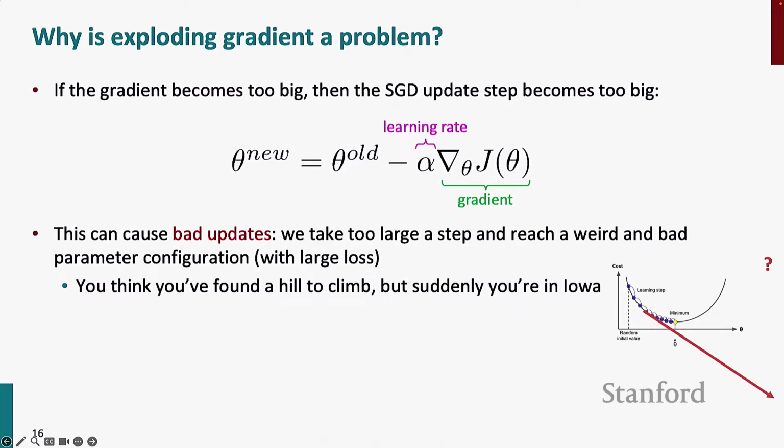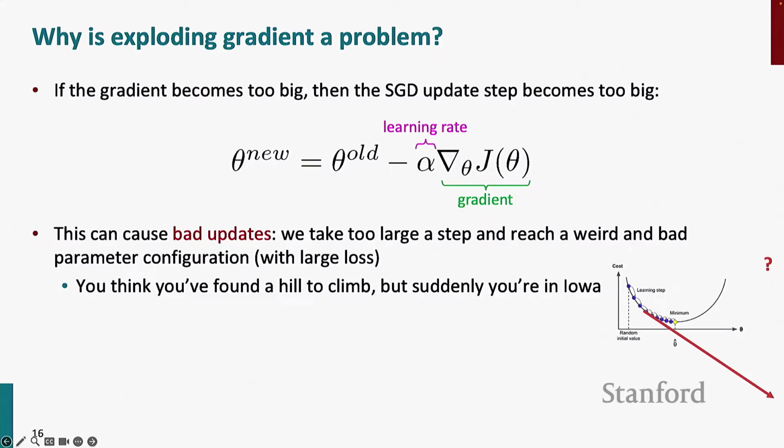And that can cause very bad updates because we're assuming that we're taking a step in the direction of the gradient, and we might overshoot a little, but we'll be roughly in the right zone. But if we had an enormously exploded gradient, we could be walking off anywhere.